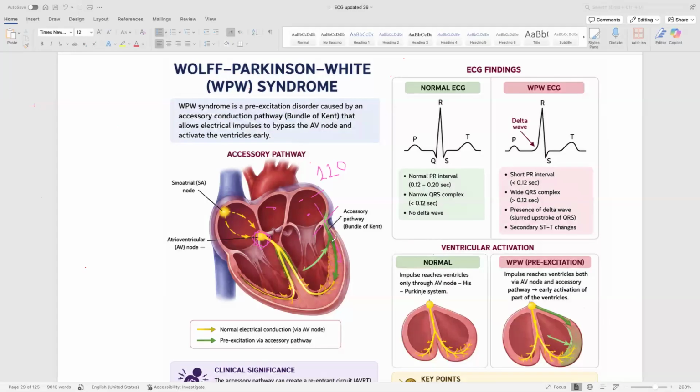By the accessory pathway. If a patient has atrial fibrillation and at the same time an accessory bundle of Kent, atrial fibrillation and WPW syndrome, usually these patients are lucky if the AV node is working.